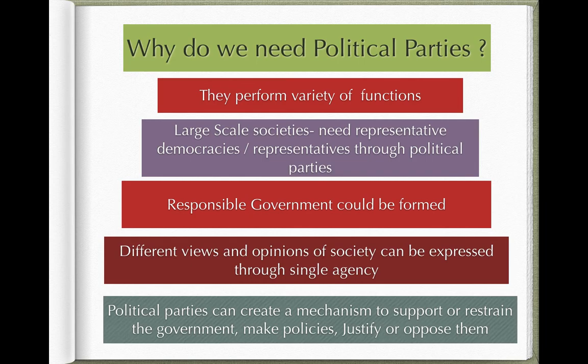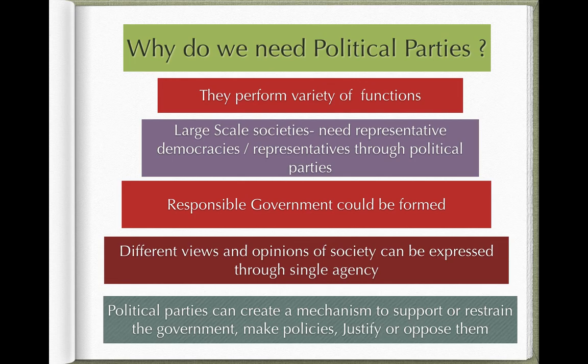Okay, so through a single agency the different views and opinions of the society are expressed. Political parties express the opinions and views of different people or different groups of people. Okay, and that is the reason why we need political parties.